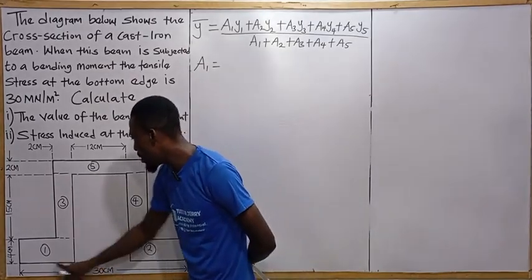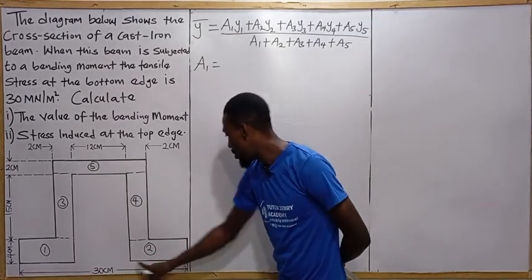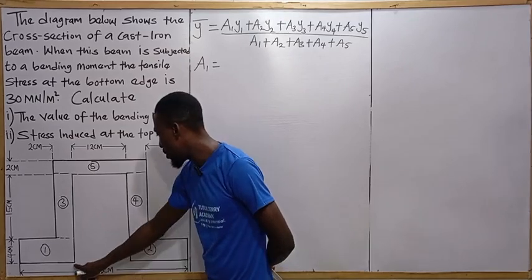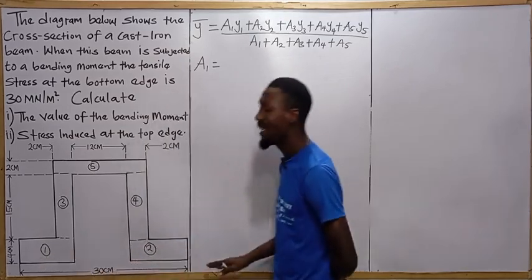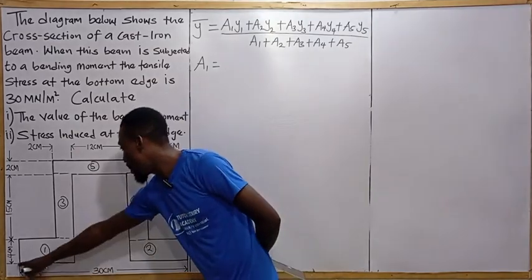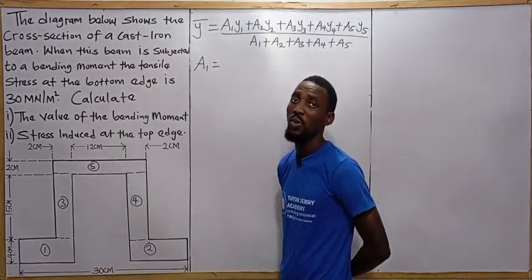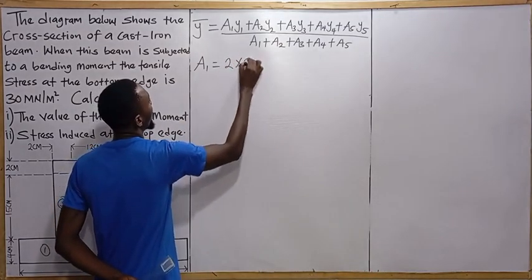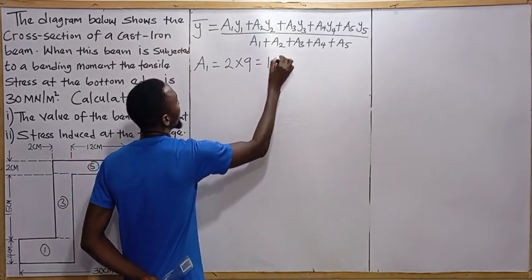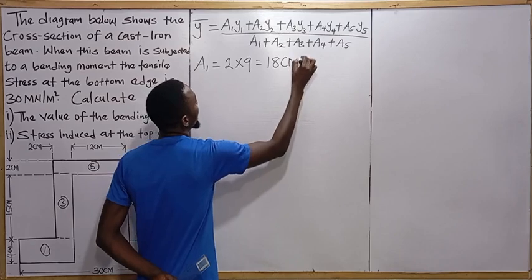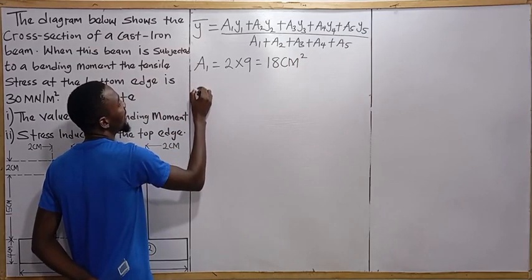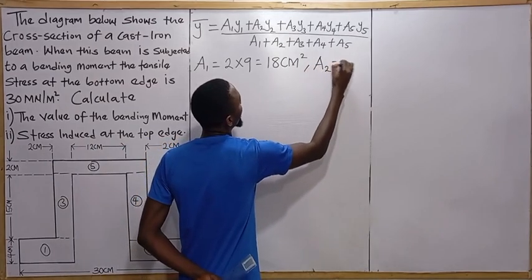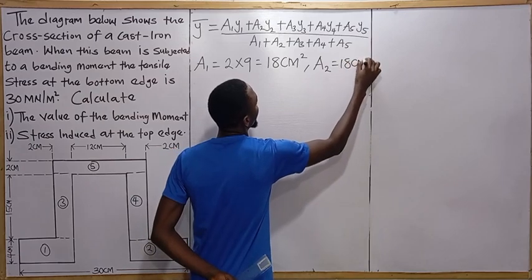So from this point to this point is 9, and from this point to this point is also 9. By the time you add 9 plus 12 plus 9, you get 30. So here we have 2 multiplied by 9, which is 18 cm squared. So our A2 will also be equal to 18 cm squared.